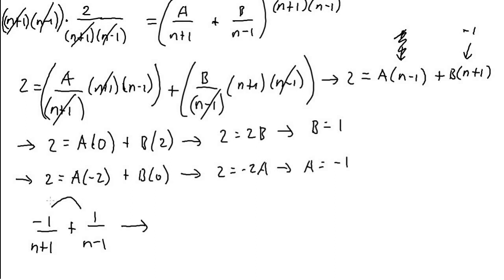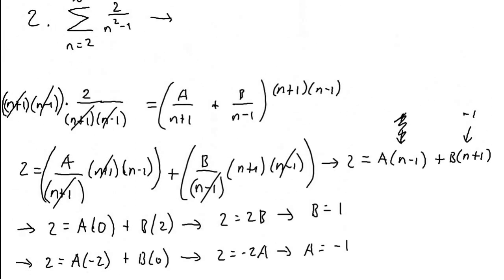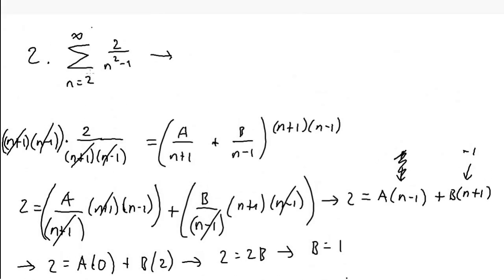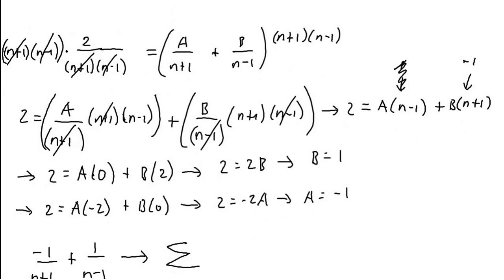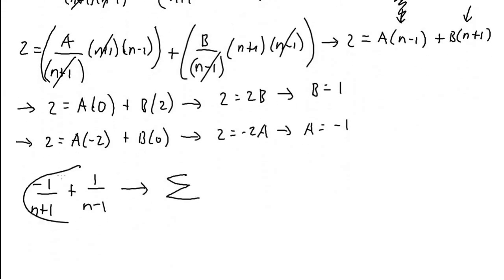Now I'm just going to rearrange these two and put the negative out front. So once again, the series from 2 to infinity of 2 over n squared minus 1 has been broken down into two smaller fractions: the series from n equals 2 to infinity of 1 over n minus 1 minus 1 over n plus 1.